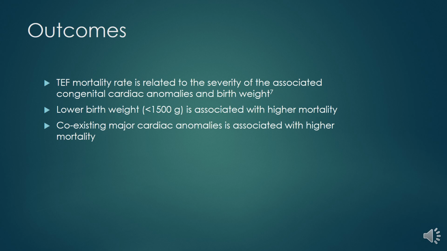As for outcome, tracheoesophageal fistula mortality is related to the severity of the associated congenital cardiac anomalies. Lower birth weight is associated with higher mortality, and a coexisting major cardiac anomaly is associated with higher mortality.